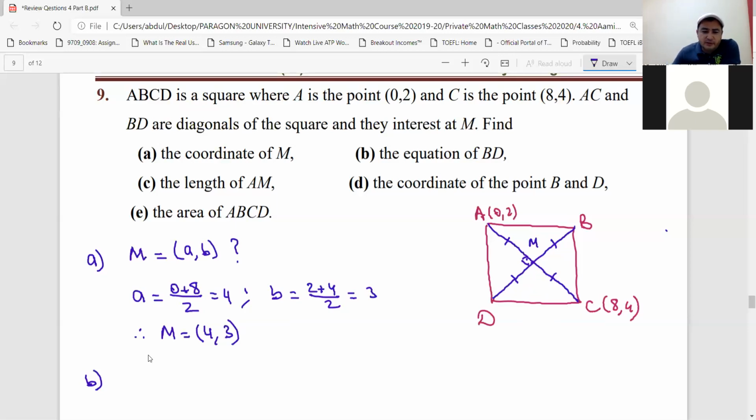Okay, very good. So first, because we know that it's passing through the point M, we know the coordinates of M. We need one more piece of information: the gradient of this line. Very good. Gradient of AC times gradient of BD should be equal to -1. Here I need to write the reason: since AC is perpendicular to BD because it's a square, the gradient of AC times the gradient of BD should be equal to -1.